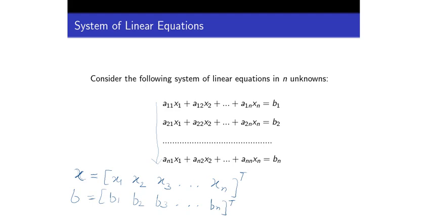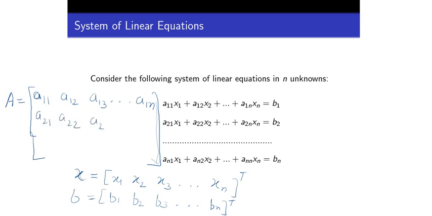And the coefficient matrix A has the first row A11, A12, A13, and so on up to A1n. The second row is A21, A22, A23, and so on up to A2n, and so on.